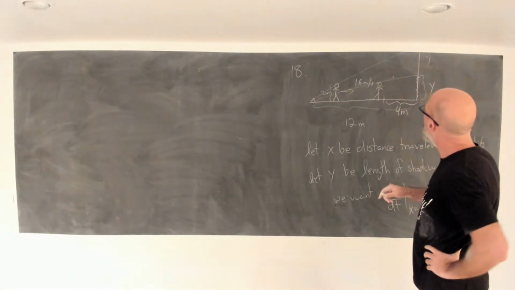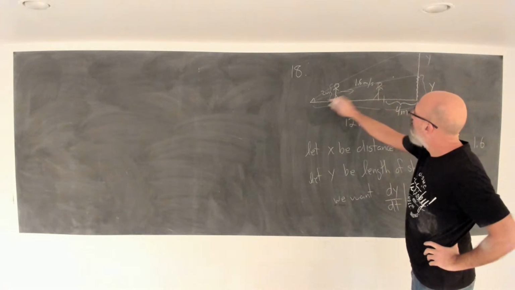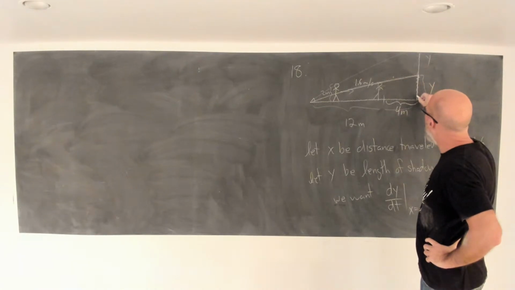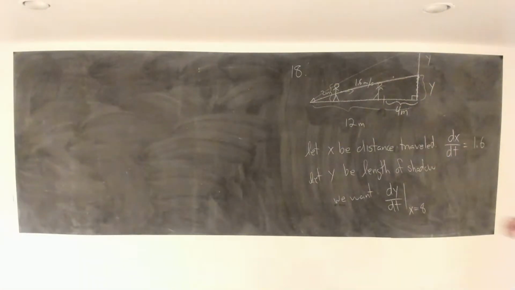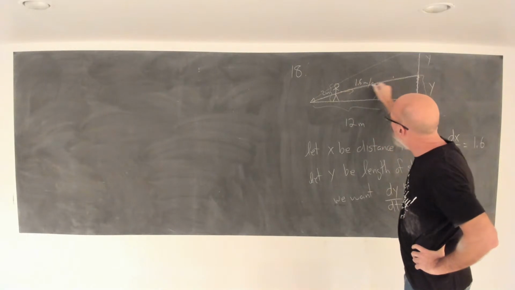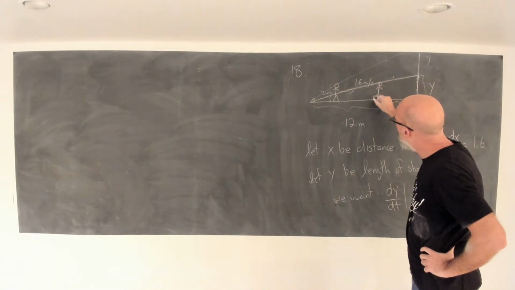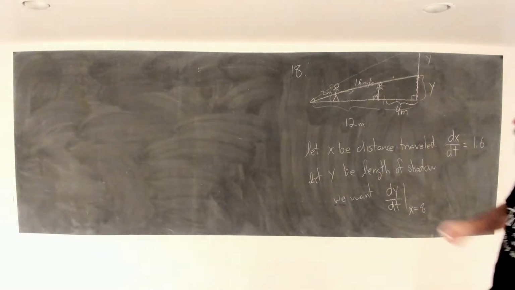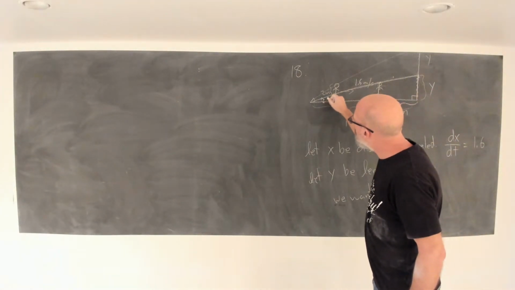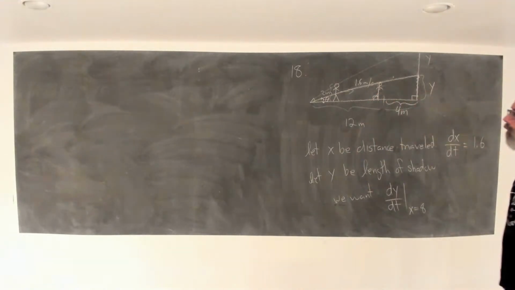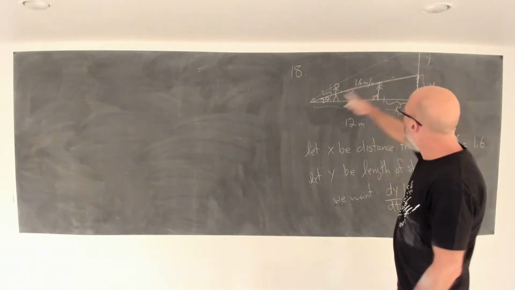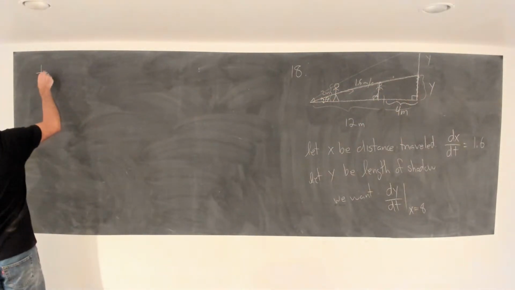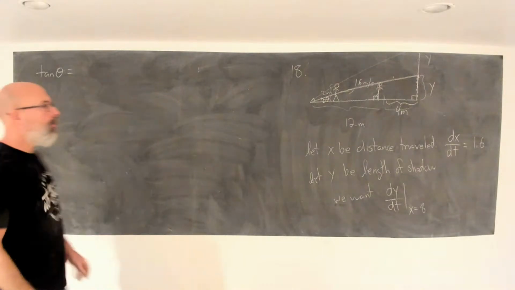Well, consider this. What do we have here? We have a right angle triangle. In fact, we have 2 similar right angle triangles. If you fix the angle theta here, what is the tangent of that angle?